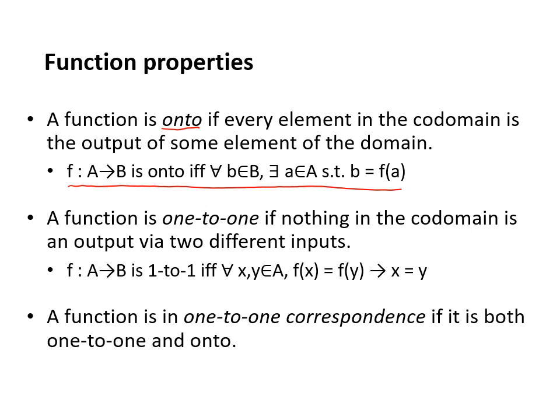We can write this more formally as: f that maps A to B is one-to-one if and only if for all x, y elements of A, if f of x is equal to f of y, then x is equal to y. And then a function is one-to-one correspondence if it's both one-to-one and onto.